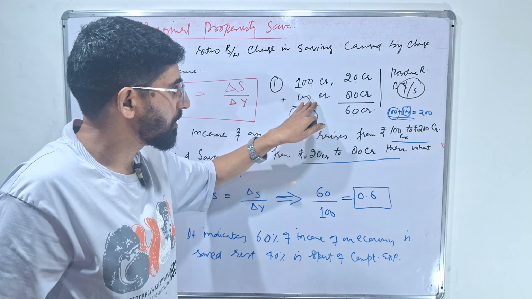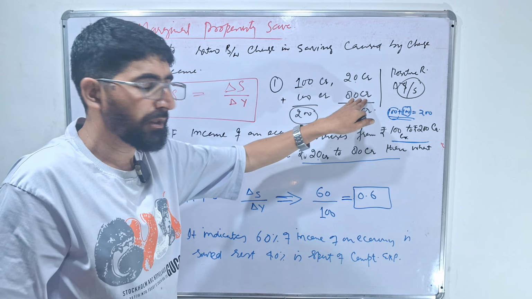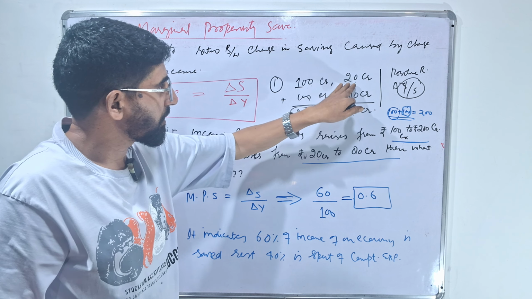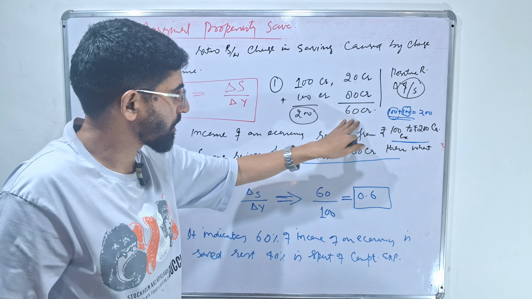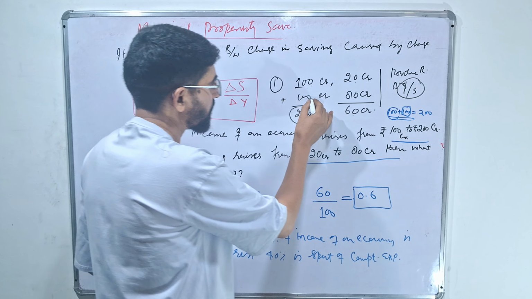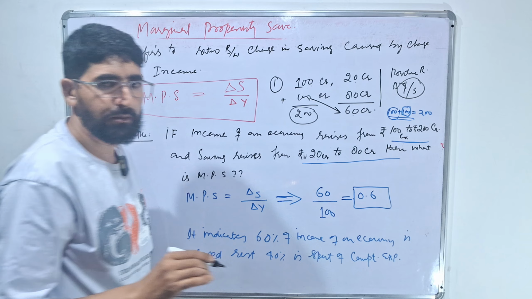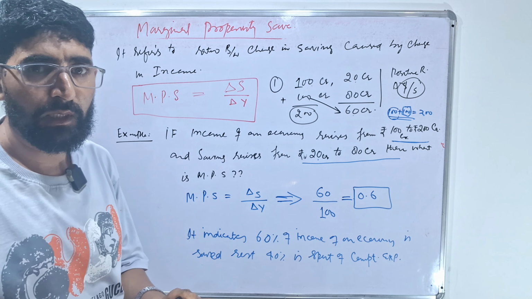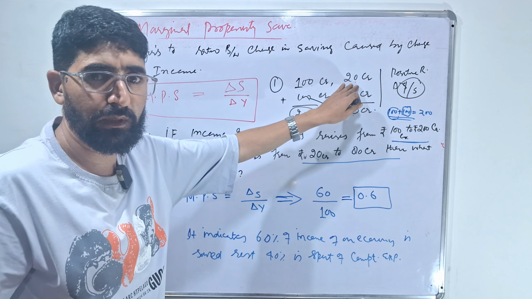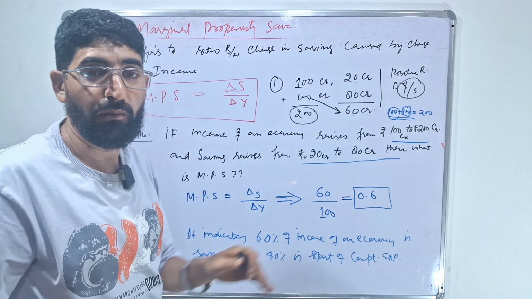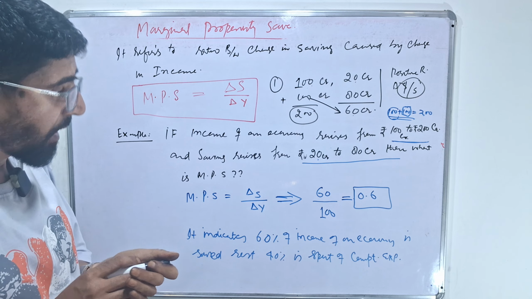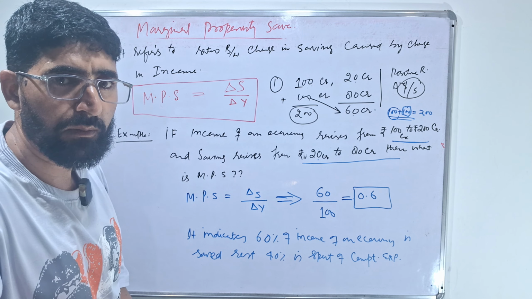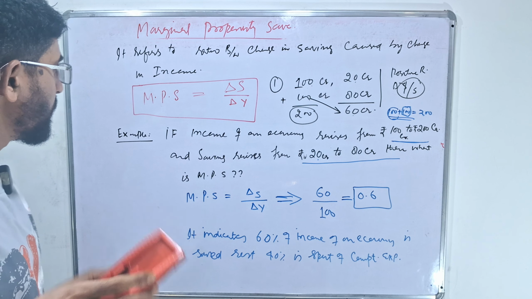Now when income increases, more income is saved. Increase of 100 leads to 60 crore saved. That is what we call marginal additional income. Additional income definitely leads to an increase in saving, as there is a positive relation between income and saving.